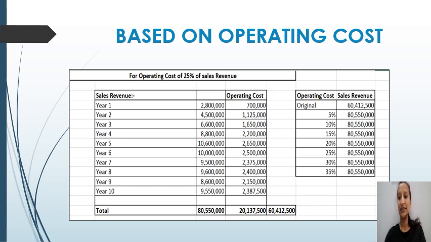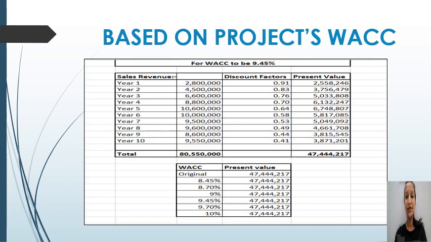For the purpose of the analysis, in the sense of the projection, it will be selected on the basis of the variable based on the project. The weighted average cost of capital will be estimated at 99.45% of the project, which is a figure different from the original weighted average cost of capital.